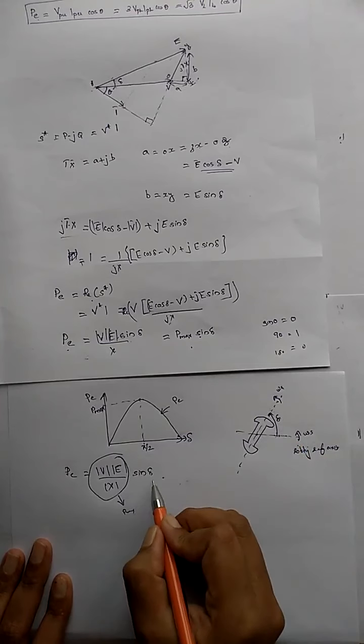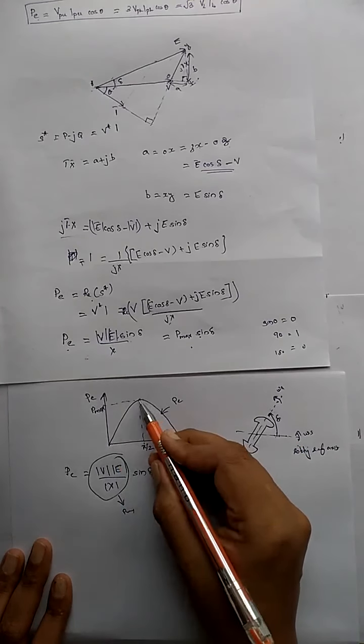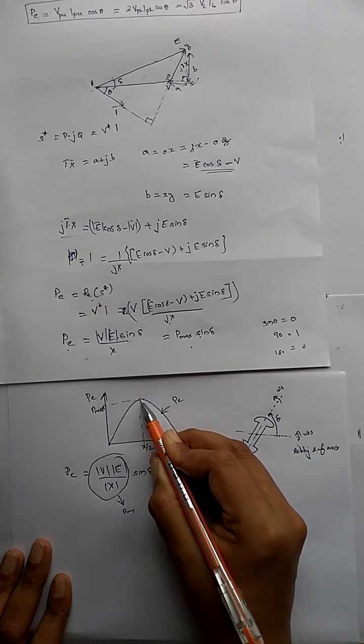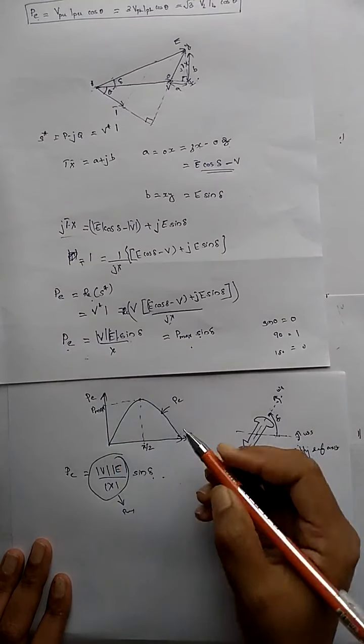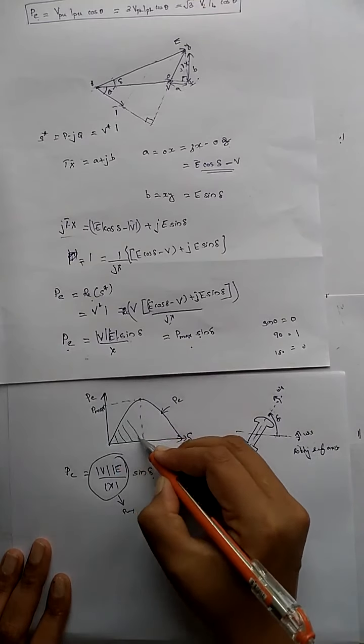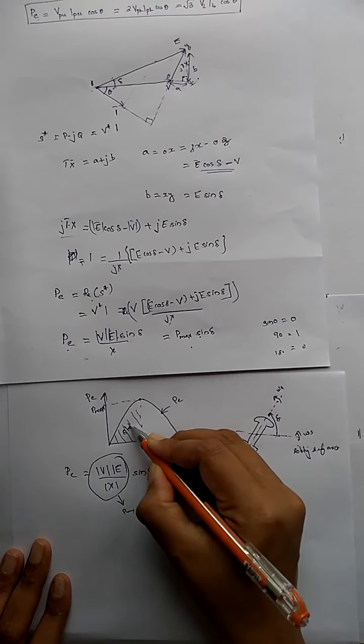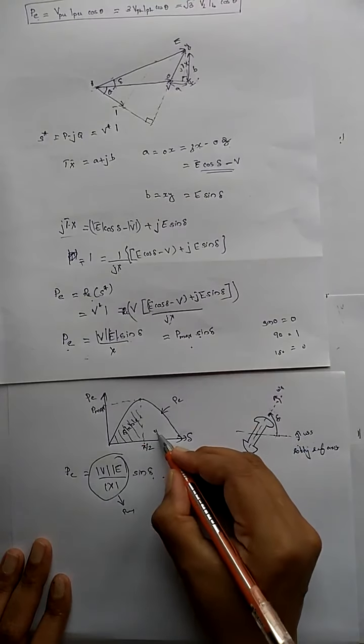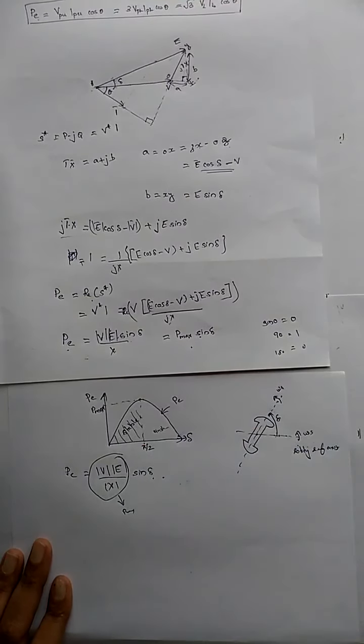From that we can say it will increase up to the maximum at 90 degrees, and then it will decrease. This will be the stable region and this will be the unstable region.